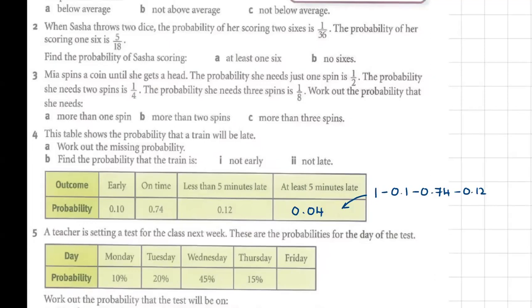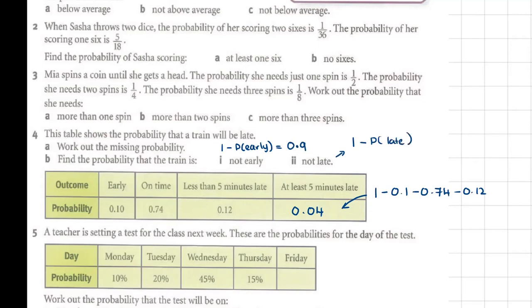Once you get that, they ask you to find the probability that the train is not early. Straight away, take 1 minus the probability of early. The answer would be 0.9. Not late: we need to find 1 minus the probability of late.